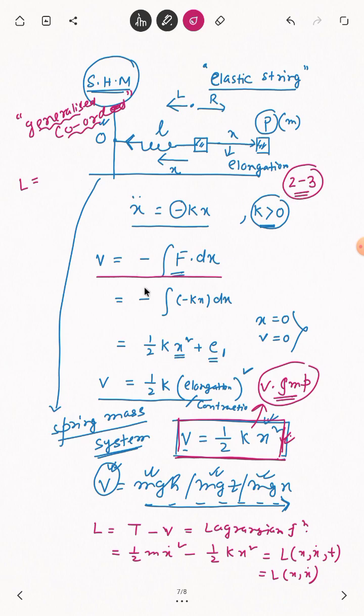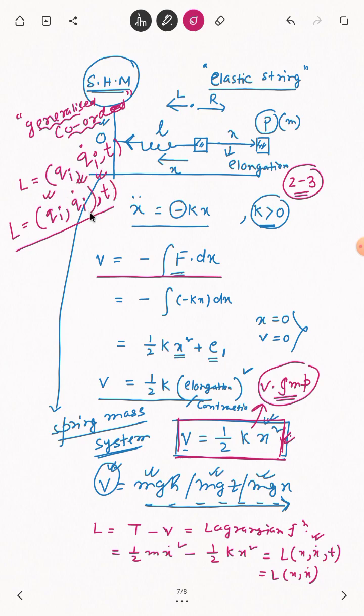Now L, what is L? If we call it generalized coordinates, then coordinate x was in general written as q_i, and here x dot, that was velocity, so q_i dot, comma t. Someone likes to write it as L(q_i, q_i dot, t). So the Lagrangian function L is always written as a function of displacement, velocity and time.